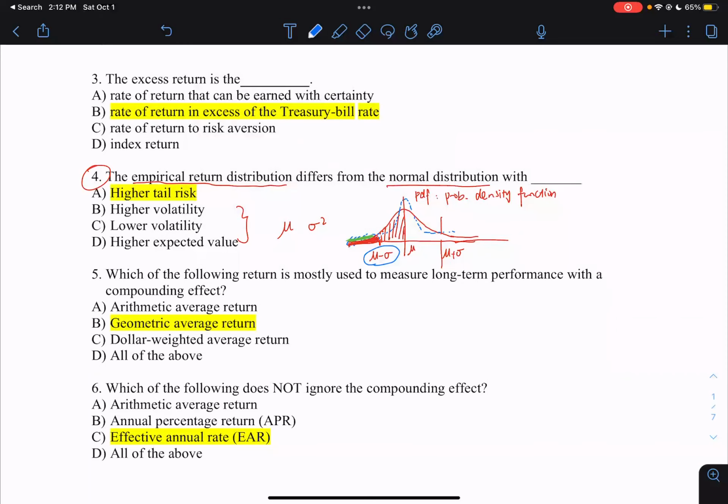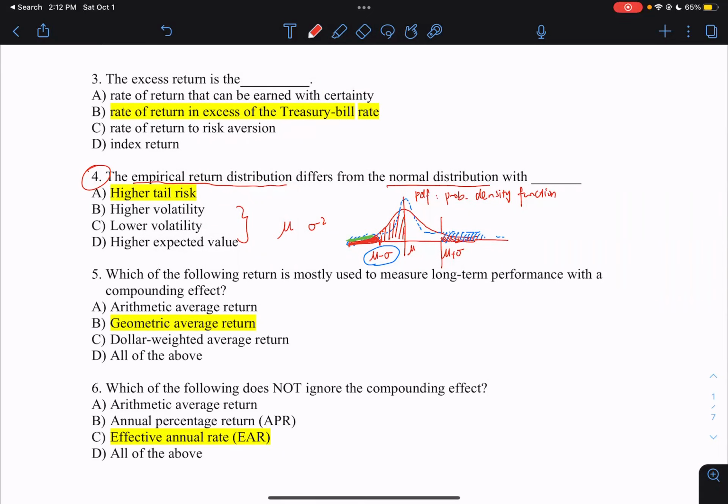If you use the empirical blue PDF, then the probability that your return will be higher than mu plus sigma is this blue region all the way to positive infinity, and the red will be this one.